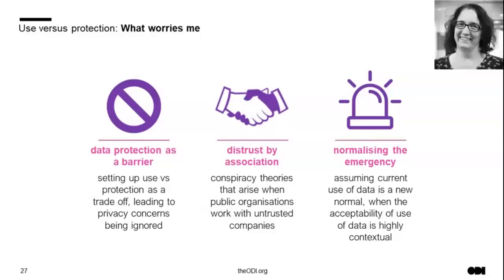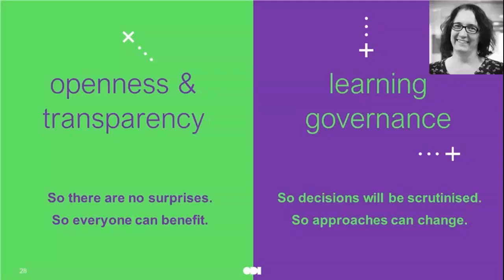So next slide, please. The two things that I think I've noticed as being successful patterns and that I think are absolutely required are around openness and transparency and around a flexible, agile, iterative and learning governance style.